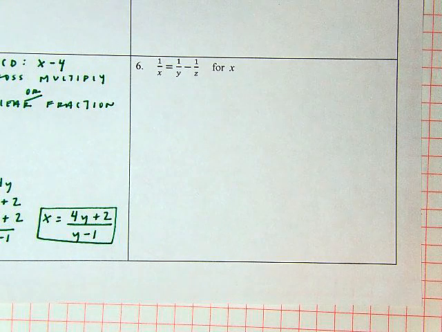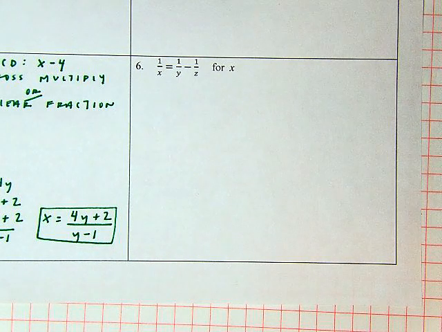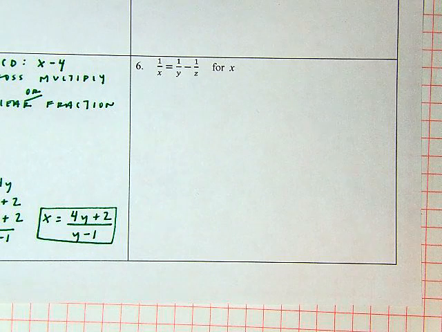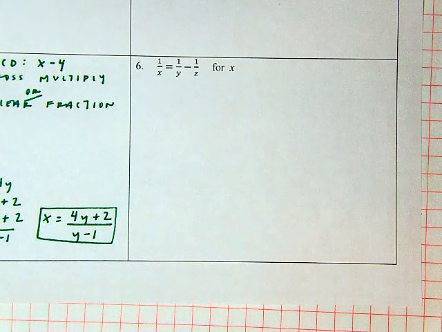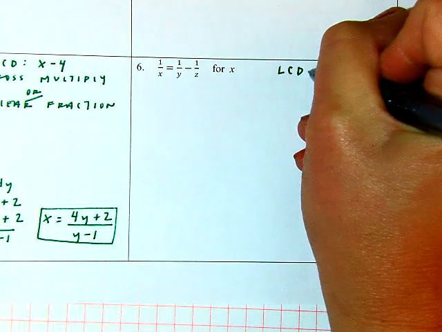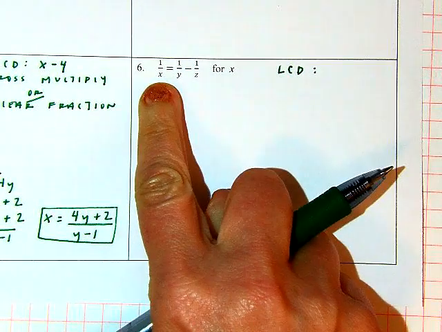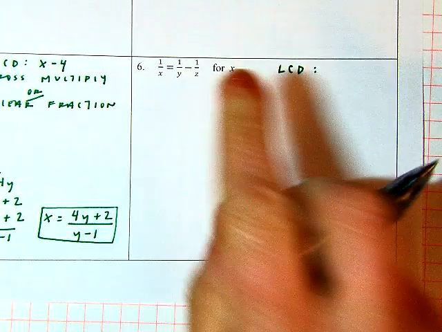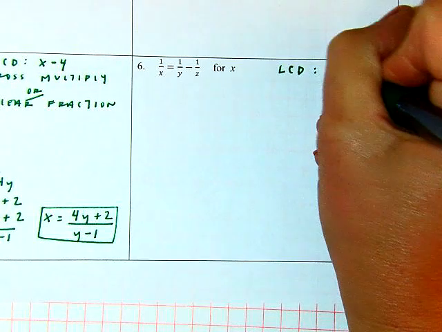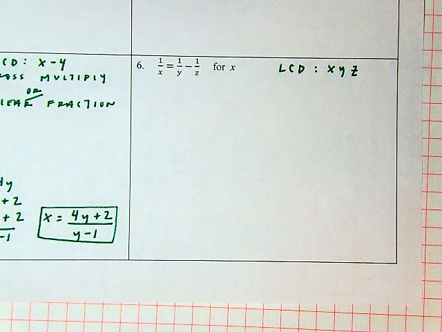So now I see that I have 3 separate terms. They're all fractions, and I have variables in the bottom position. So if I want to clear my fraction, I want to look at my least common denominator. If this one has an x, and this one has a y, and this one has a z, I'm looking at x times y times z. I'm going to cross that z so it doesn't look like a 2.